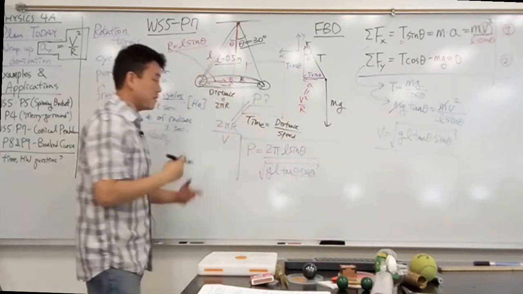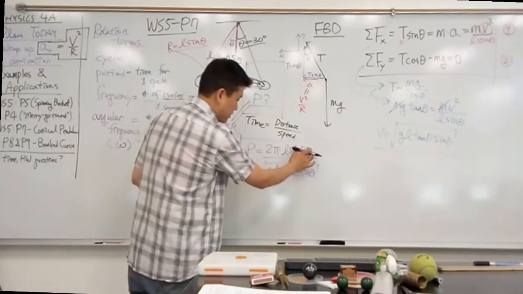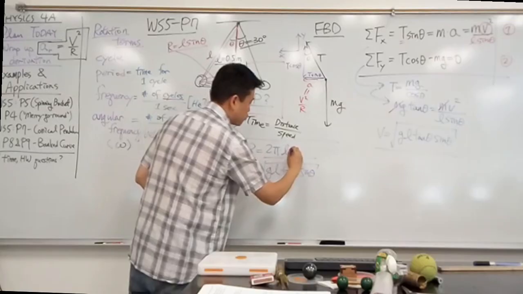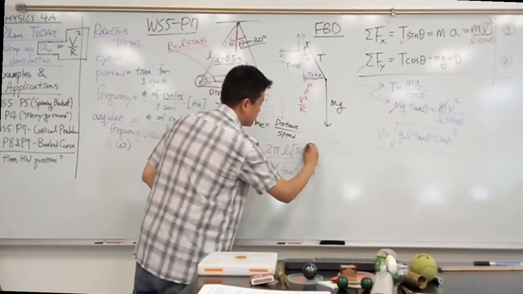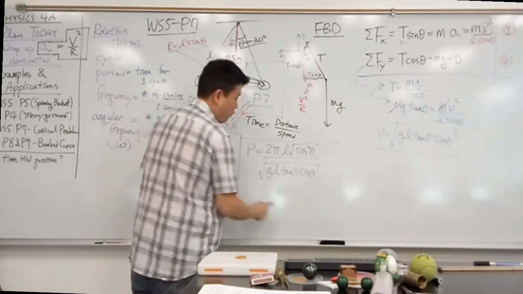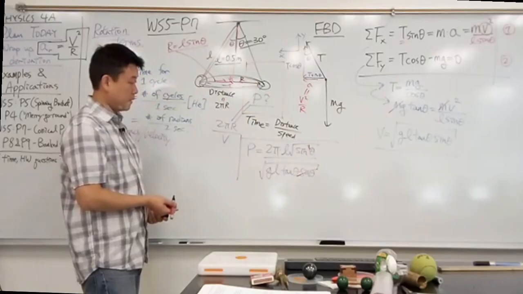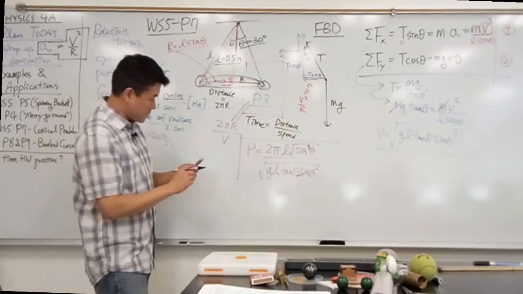Let me simplify this a little bit before we start plugging in numbers. I'm going to look at the sine theta as a square root of sine squared theta so that I can cancel out 1 factor of sine theta from here. I think I can actually cancel out more.